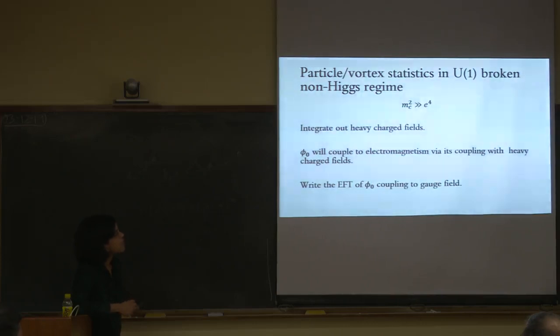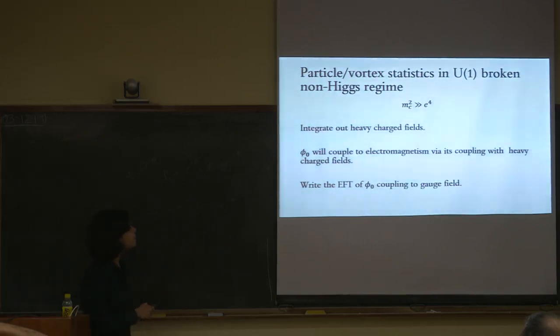What can you do in this case? The charged fields are heavy, so you can integrate them out from your theory in principle. You might think that what you have is a neutral superfluid and an uncoupled electromagnetic sector. They won't talk to each other, so you shouldn't have a magnetic field inside the core of a vortex.